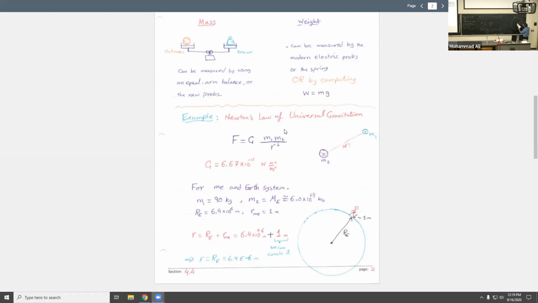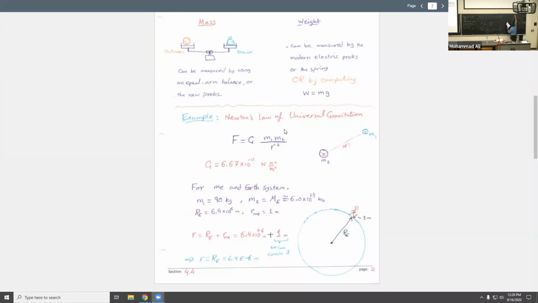the average value is 6.4 multiplied by 10 to 6, which is million, meter. My distance from here, which is R small, for me, Rm, is equal to 1.